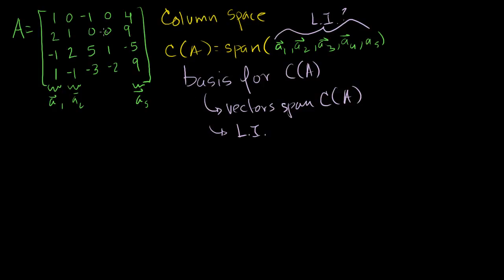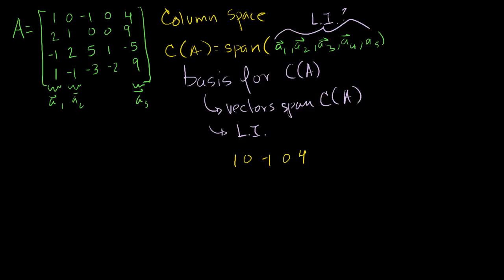So let's do that. So let's see if we can do that. Let me do it actually on the right side right here. So let's keep the first row the same. 1, 0, minus 1, 0, 4. And then let's replace our second row with the second row minus 2 times the first row.